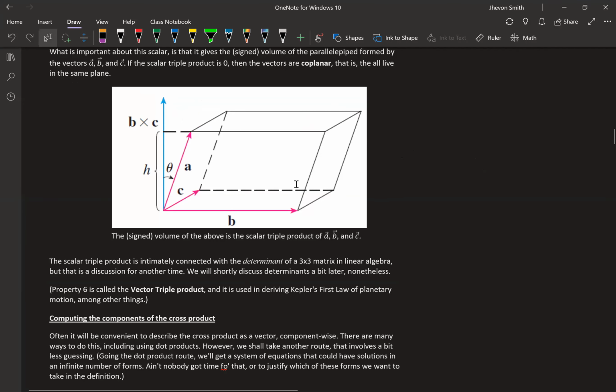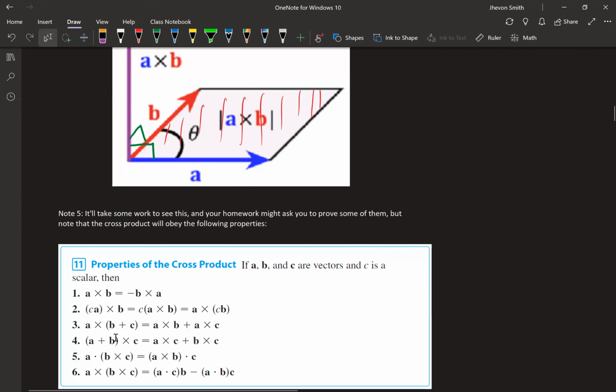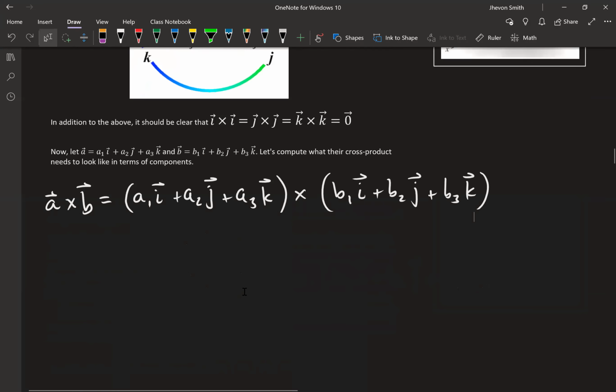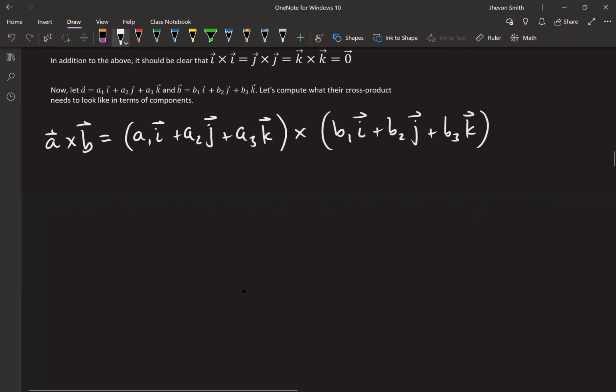Now, by the properties, I know the cross product obeys the distributive law. That's property 3 up here, right? So what I can do here is literally just distribute. I can take this and multiply out, then take this and multiply out, and so on. What would that give me?